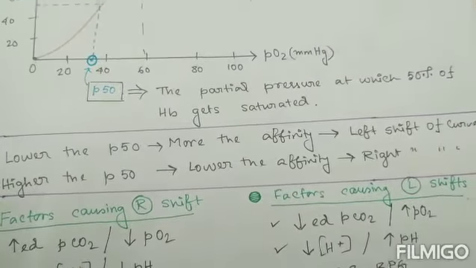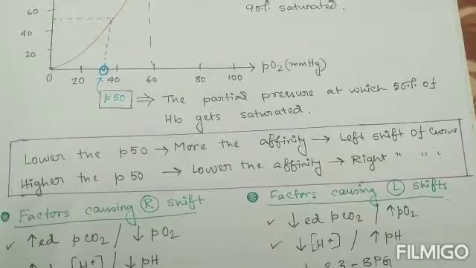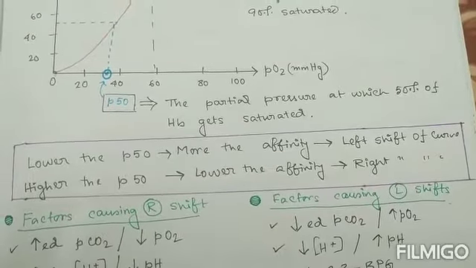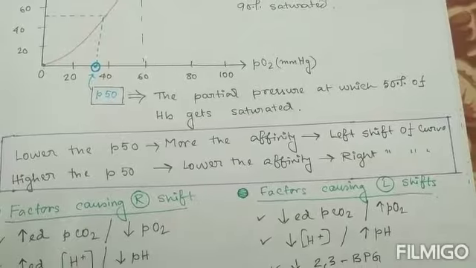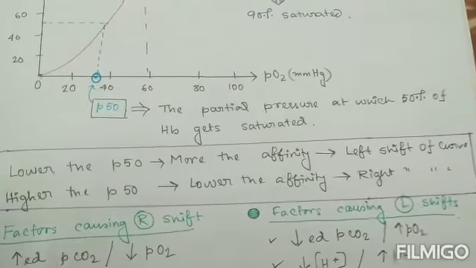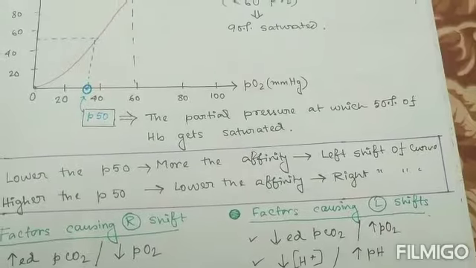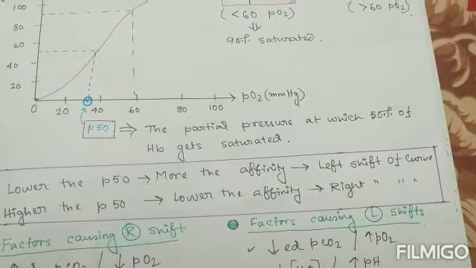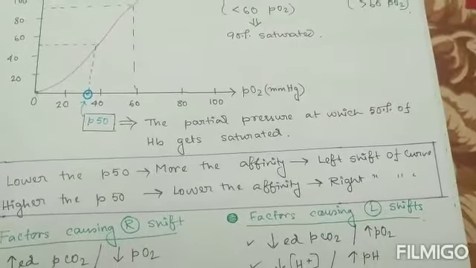Lower P50 means more affinity, and that suggests a left shift of the curve, which means the oxygen is more tightly bound to the hemoglobin. It will not exchange in tissue. And higher P50 means lower affinity, and that suggests a right shift of the curve, and it means the oxygen is not bound well enough with hemoglobin, and it will now exchange in tissue.